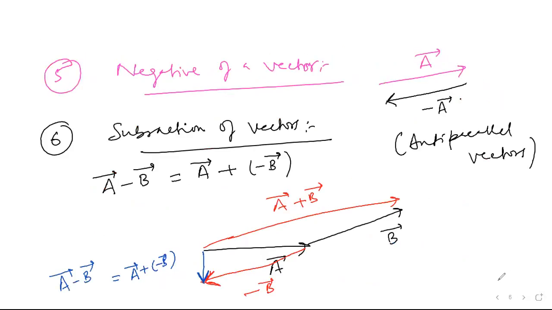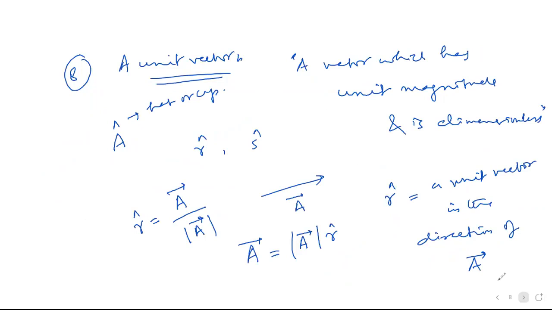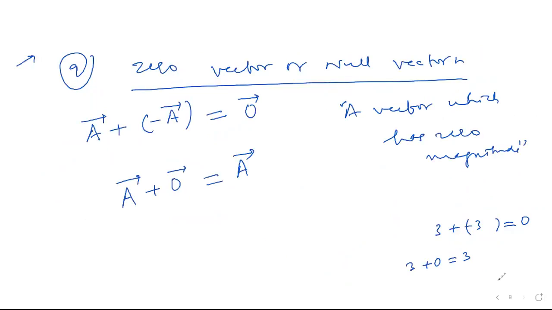We know what the negative of a vector is and how the negative of a vector is used in subtraction of vectors. We know what we get when we multiply a vector by a scalar and how we do that. We know now the unit vector idea. We know this idea of zero vector or null vector. So this was refreshing your memory about the properties of vectors.